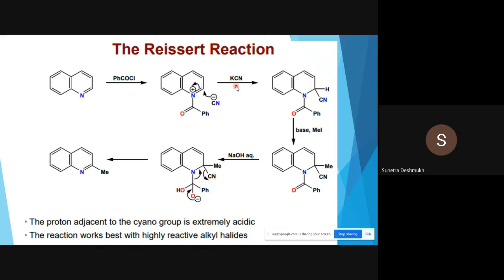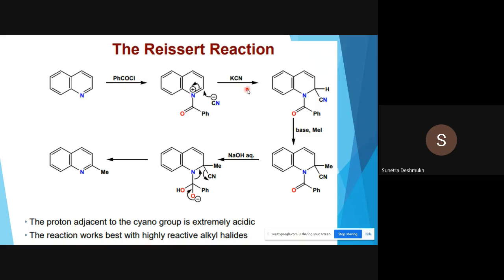Then potassium cyanide we have used, because we wanted to introduce a cyanide group over here. The cyanide is the second nucleophile. This carbonyl carbon is electrophilic. The lone pair present on the nitrogen atom attacks the carbonyl carbon, the chlorine is eliminated, and in that way the acyl group is attached to the nitrogen atom.